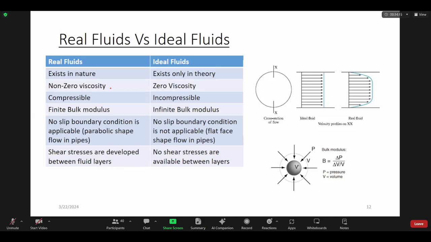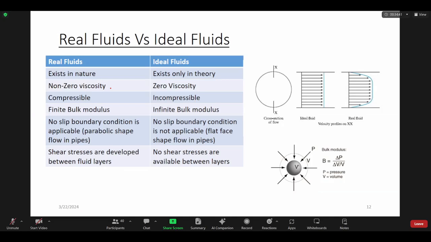Ideal fluid should be incompressible, and also there is no friction between layers. We can only find ideal fluid in a theoretical way.